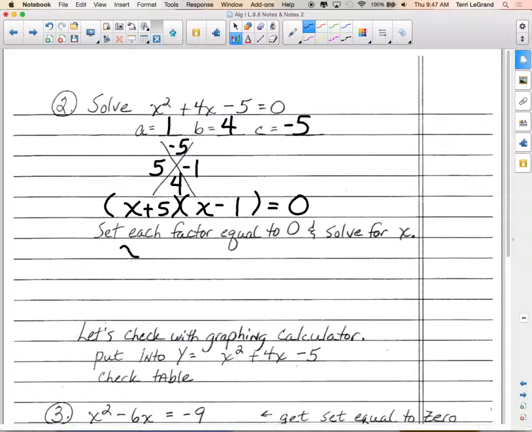Set each factor equal to 0, because if only one of the factors equals 0, it makes the product 0. But we have two factors, so we have to set each of them equal to 0.